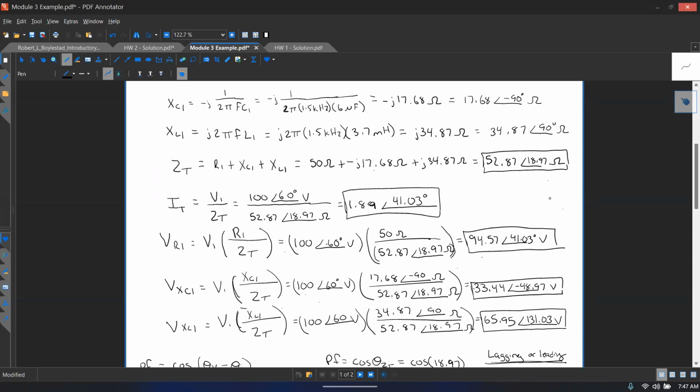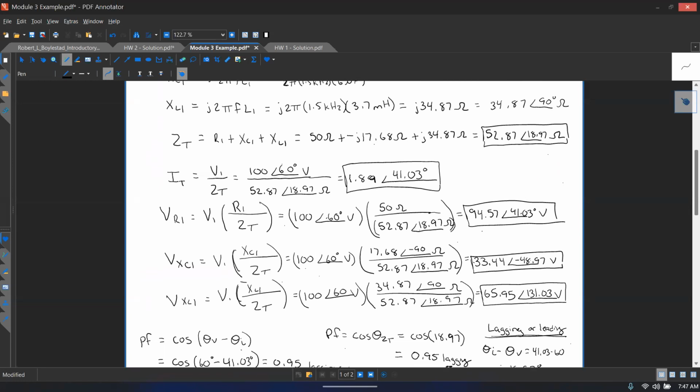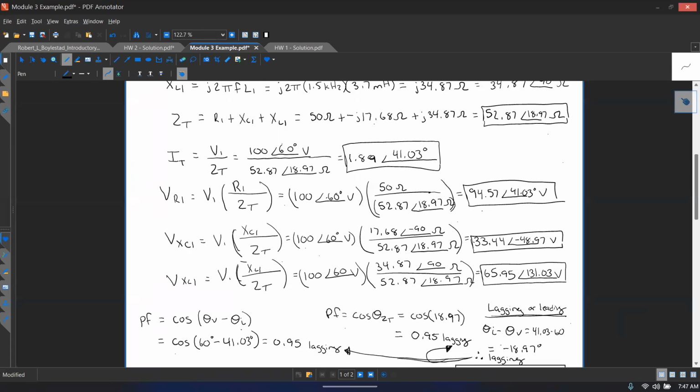All right. And then we just apply the same method to the rest of the elements. XC1, trying to find the voltage across that one, we use the same formula. Once you plug it into your calculator, you'll get 33.44 with an angle of negative 48.97 volts.